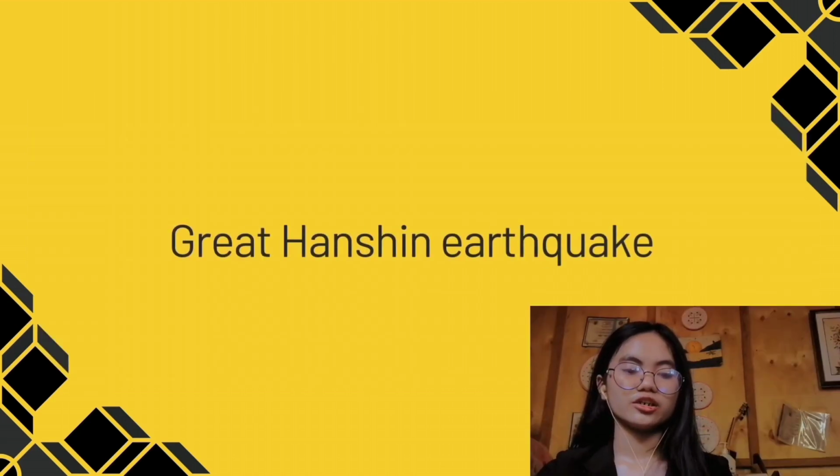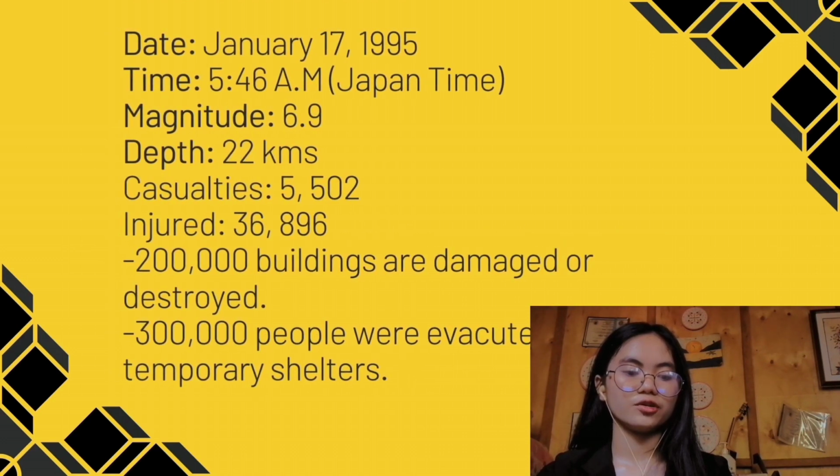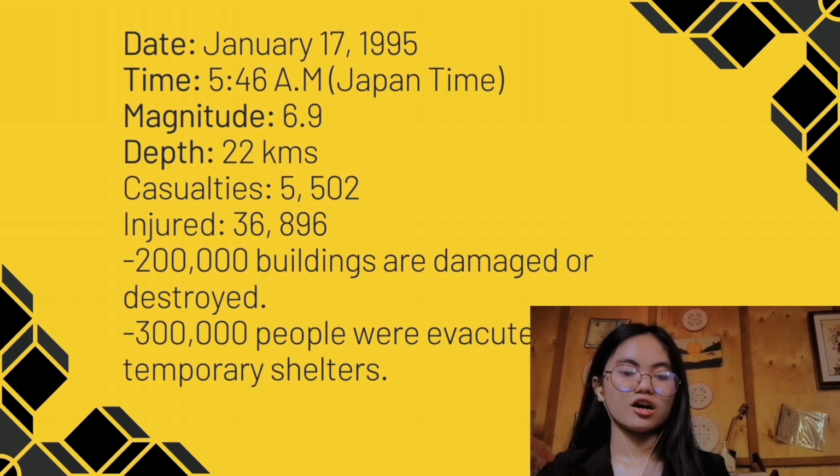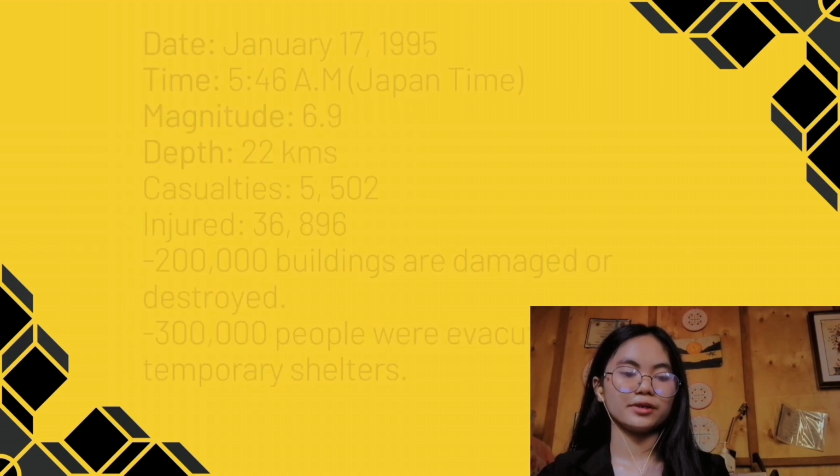The Great Hanshin Earthquake is a major earthquake that occurred in Hyōgo Prefecture, Japan on January 17, 1995. It caused catastrophic damage and killed 6,434 people.